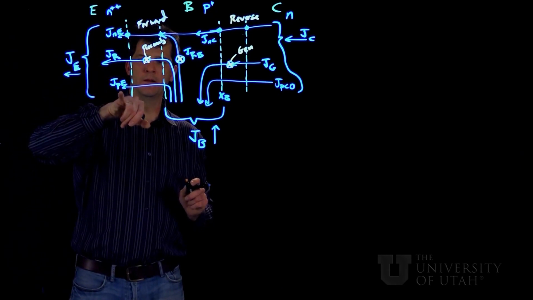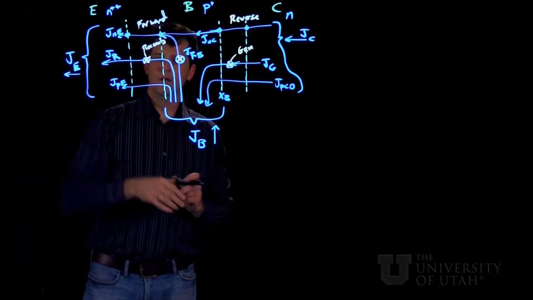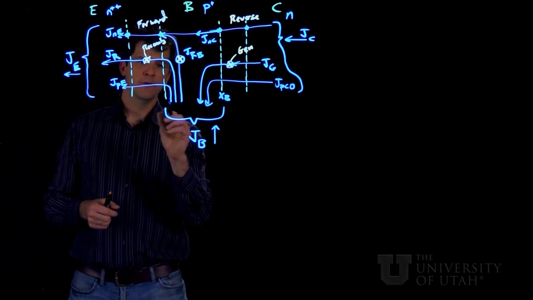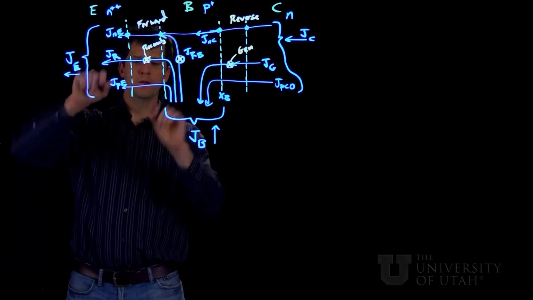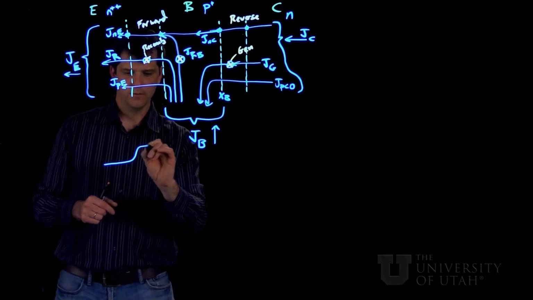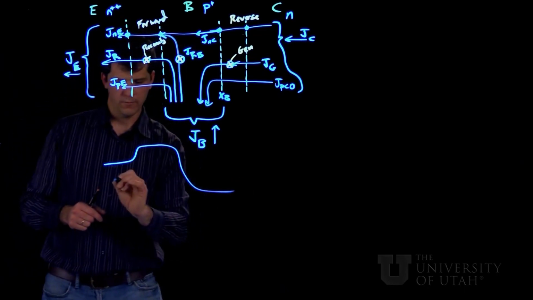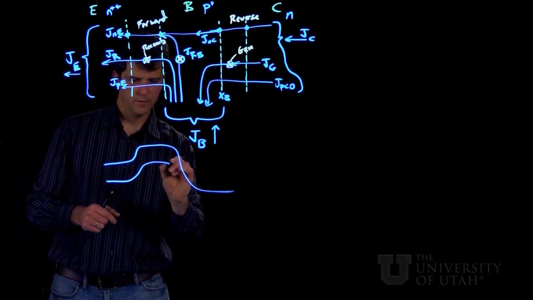And then lastly, we have the current due to back injection of holes into this forward biased junction here.